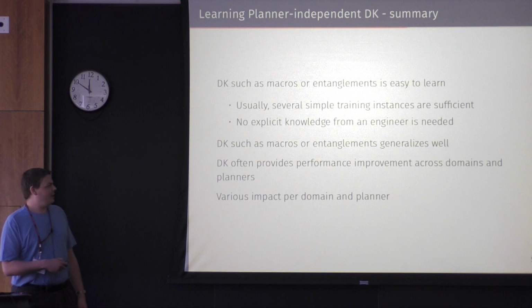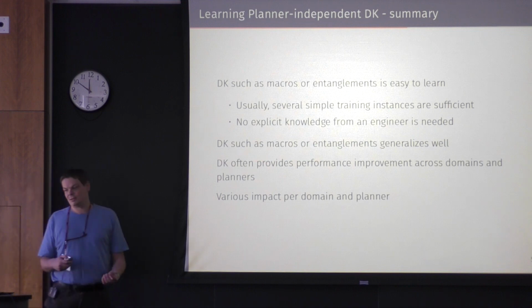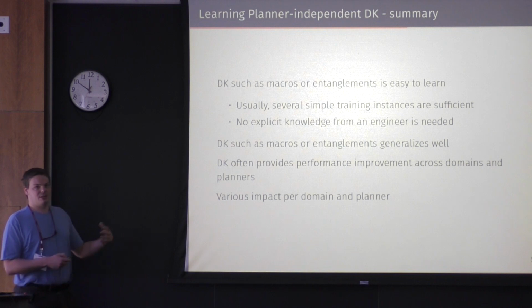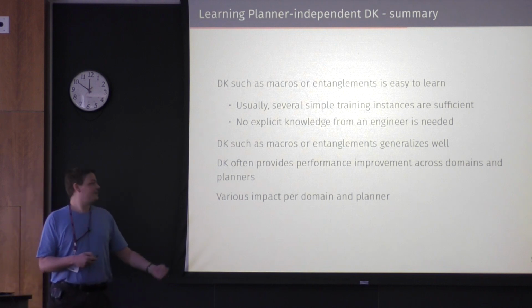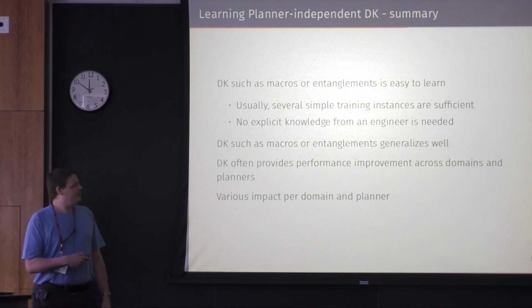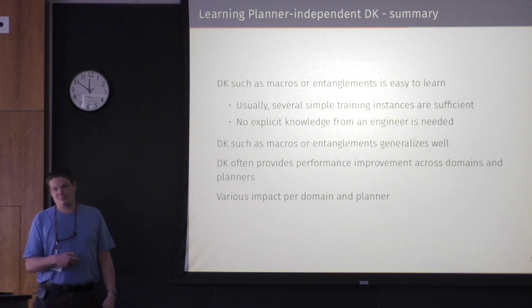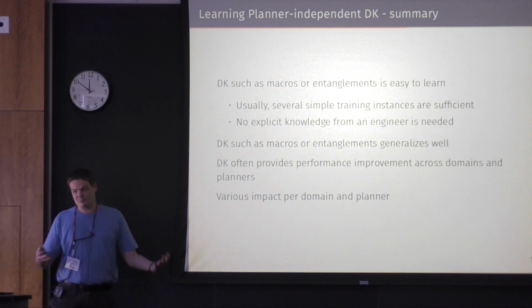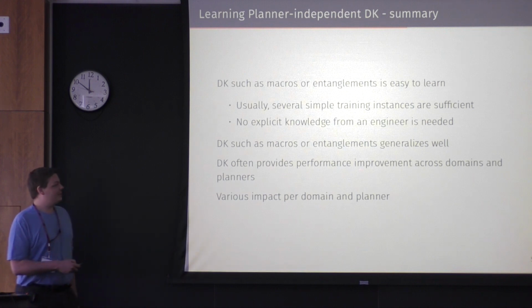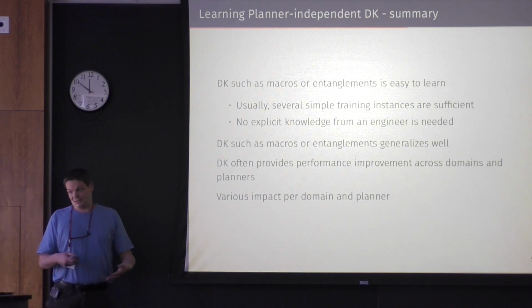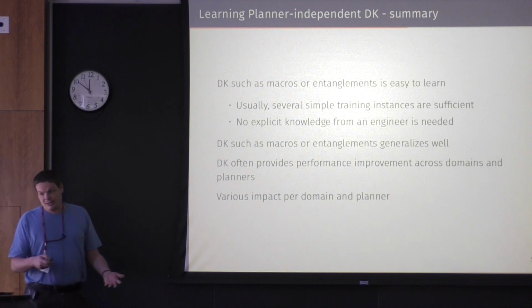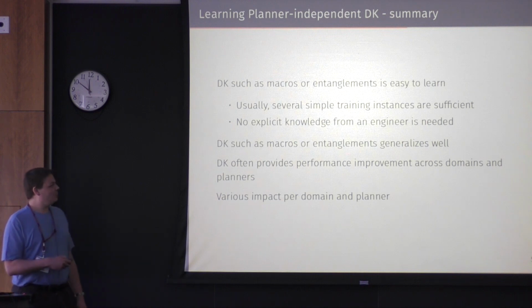Again, the good thing is that macros and entanglements generalize quite well. As we have shown in the results, if we learn from very simple training problem instances and apply it to more complex problem instances in the same domain model, the performance of the planning engines can often significantly improve.